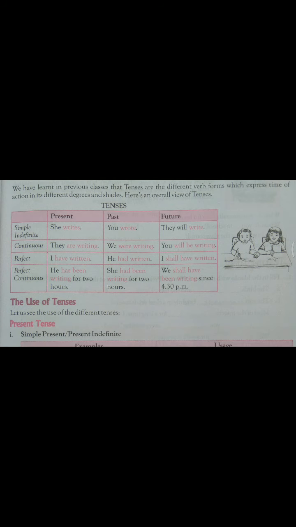And then the future perfect continuous tense: shall plus have plus been plus writing, along with the time of the starting, but here the time starts with since. So you can see that in all perfect continuous tenses the beginning time is certainly given, and here also shall or will plus have plus been plus the verb's ing form.